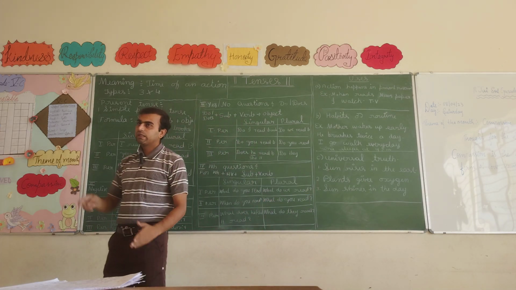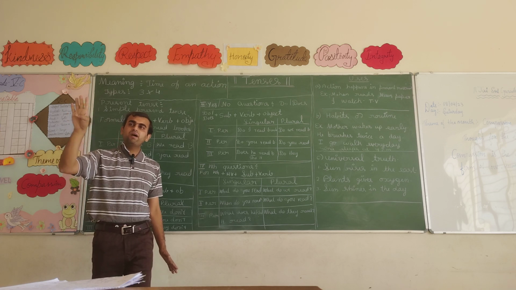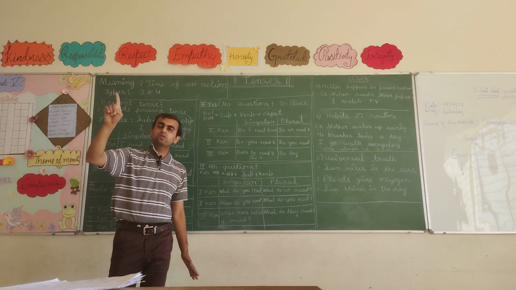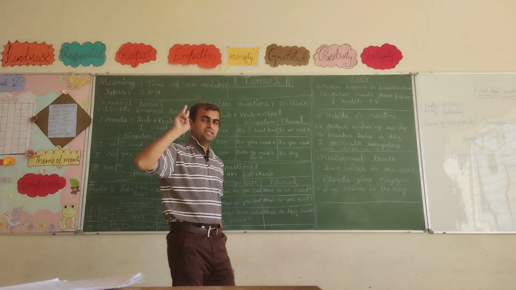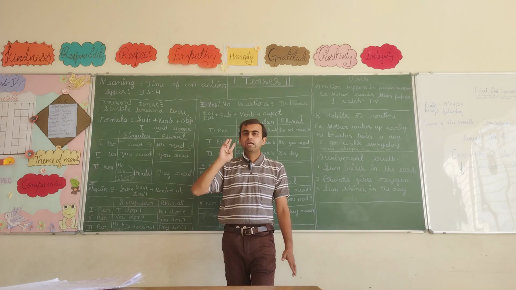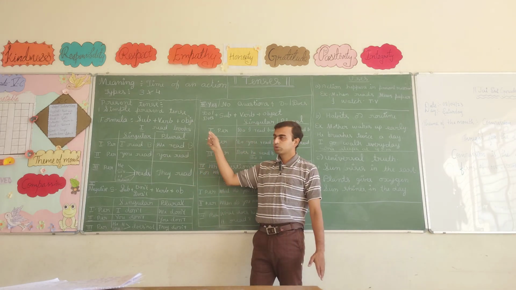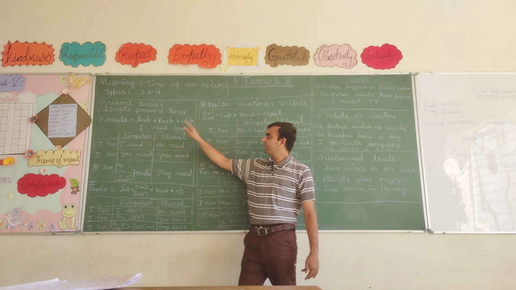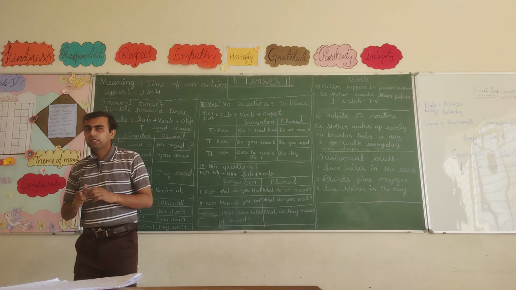Once again I tell, the present tense is subdivided into four parts: simple present tense or present indefinite tense, present continuous tense, present perfect tense and finally present perfect continuous tense. So in this session we are going to learn simple present tense.